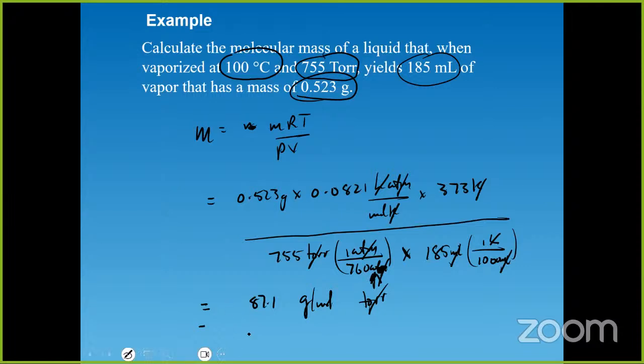So again, we can say that the molecular mass is equal to 87.1 AMU. All right, and that's how that is done. Okay, any questions about this example?